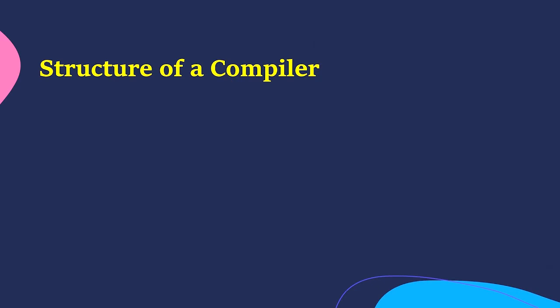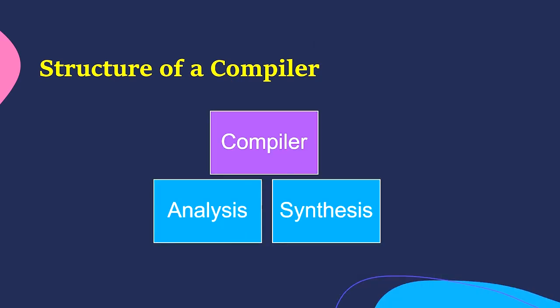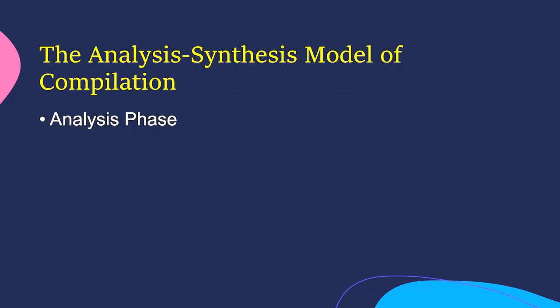Next, structure of a compiler. The compiler is usually divided into two phases, analysis phase and synthesis phase. Let us discuss analysis phase and synthesis phase in detail. Analysis phase is known as the front end of the compiler.